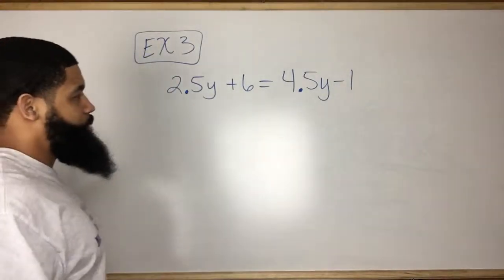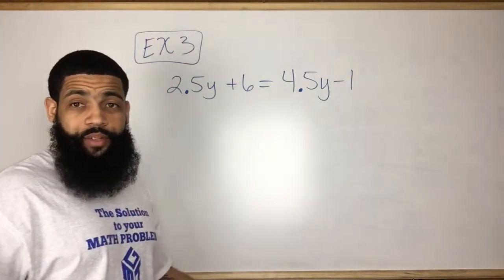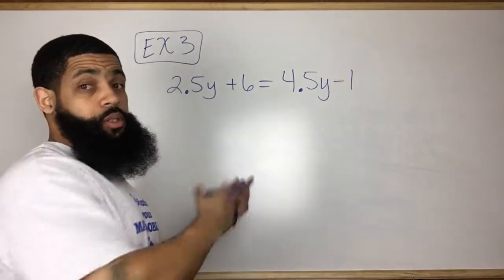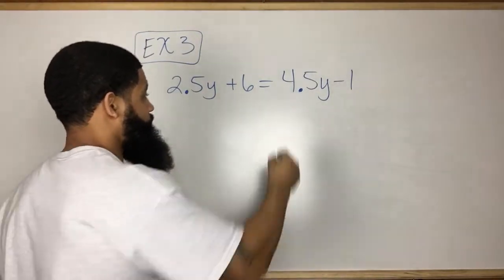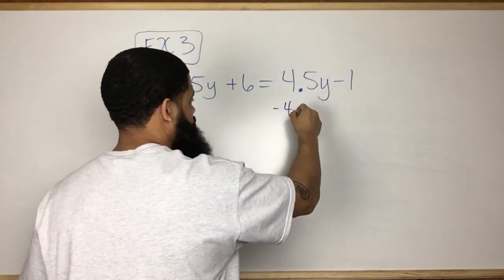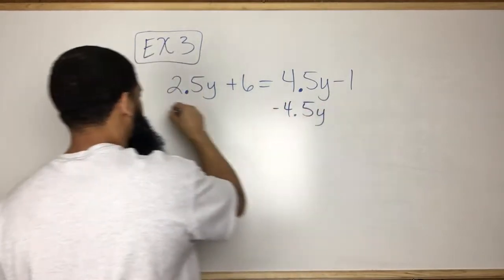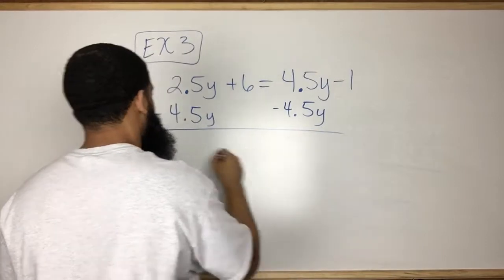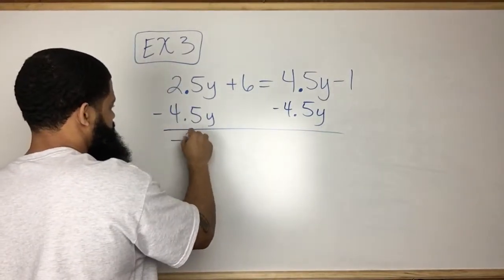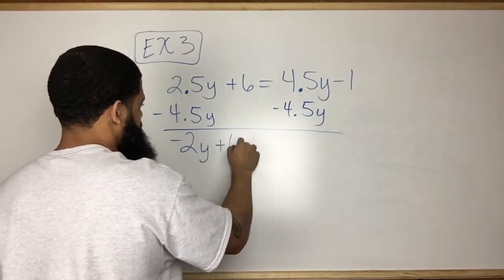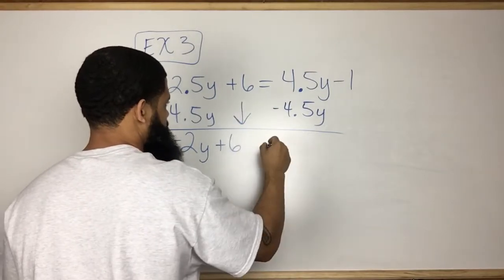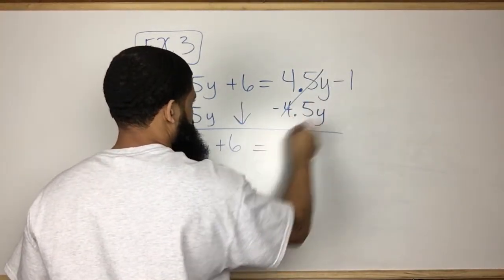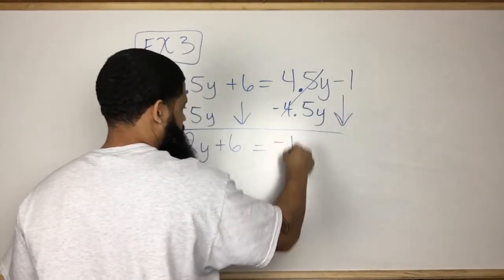Same thing here. I like my variables on the left-hand side, so I'm going to subtract the 4.5y from both sides. So minus 4.5y, minus 4.5y, and this gives me negative 2y plus 6. That just comes down. Those cancel, equals, and we'll bring down the minus 1.